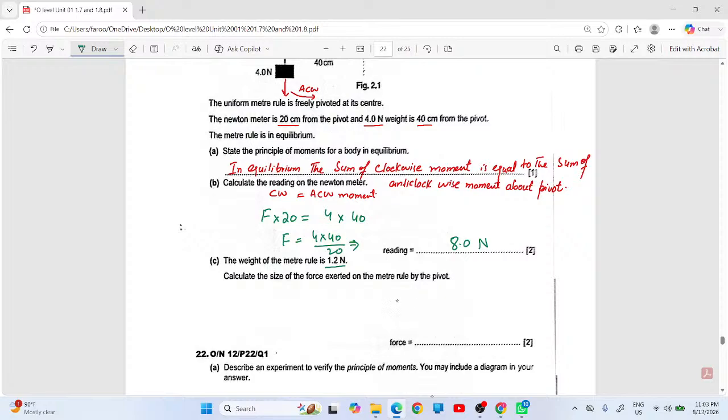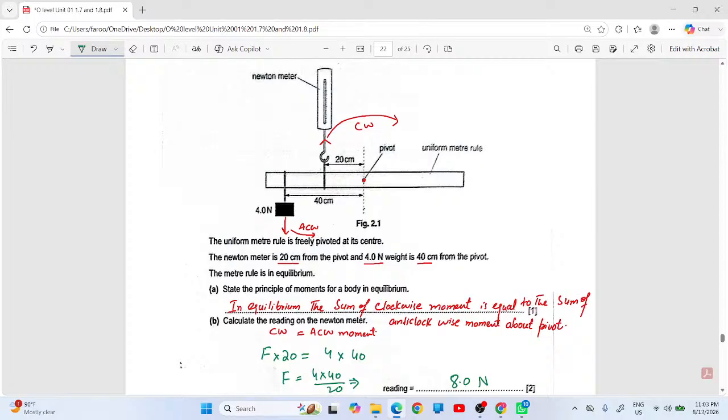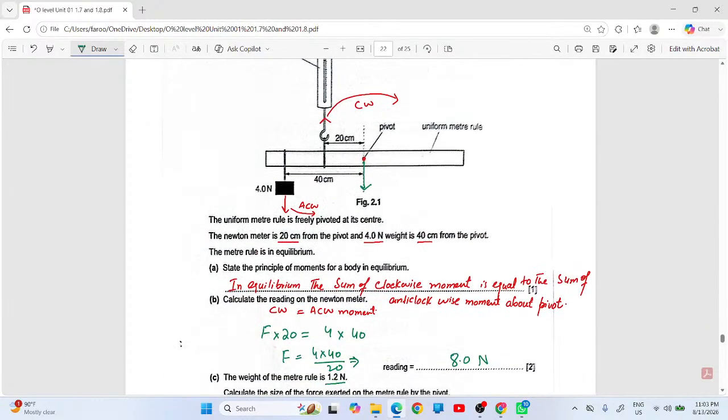Size of the force exerted on the meter rule by the pivot. Weight is 1 point, acting at the middle.